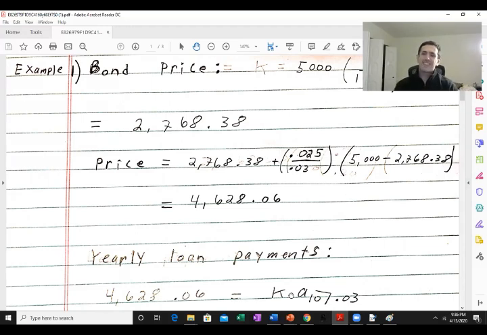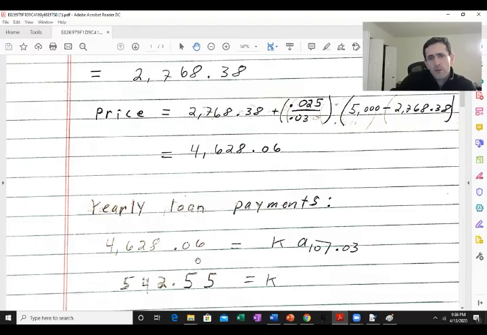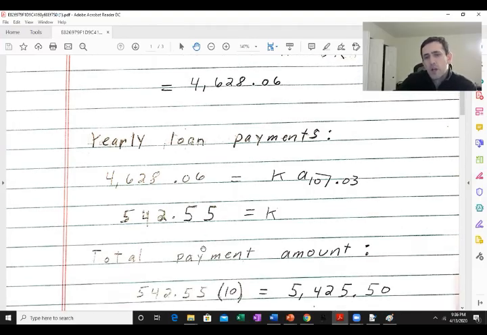All right, so it's a 10-year loan, 3% effective annual interest, payments are K. The loan amount is $4,628 and 6 cents, which is the same thing as present value. So dump into your calculator for the payment, $542.55. So the total amount of loan payments you're making, non-time value, is $542.55 times 10, which is $5,425.50.